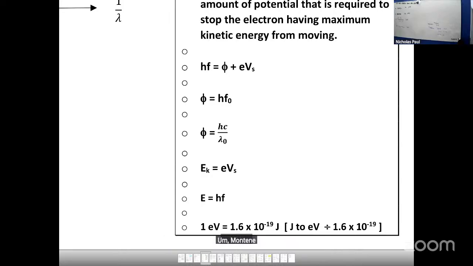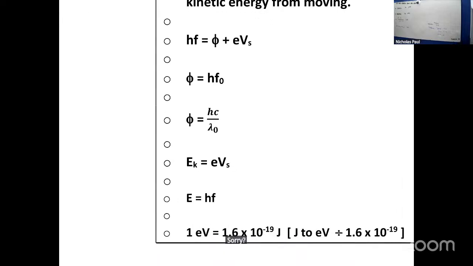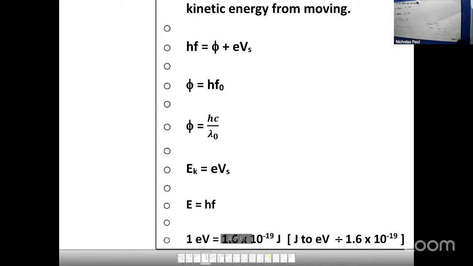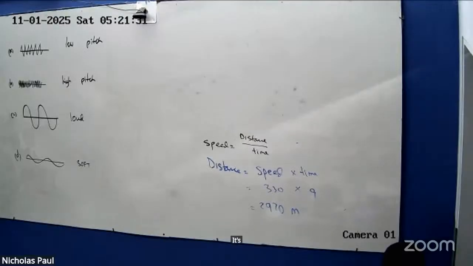On the graph as well, right? Alright, let's go.